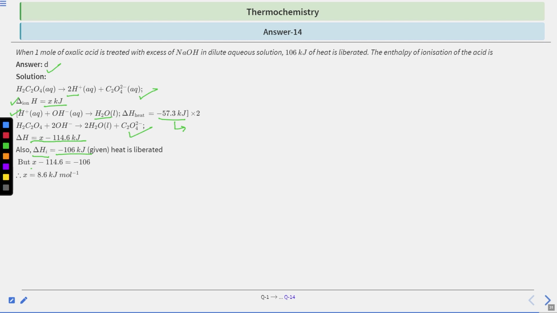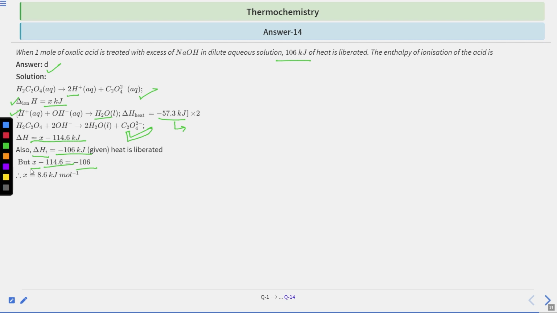But we know that X minus 114.6 equals minus 106, right? Because we are talking about oxalic acid treated with excess of NaOH, and the heat liberated is 106 kilojoule in this case. And in this reaction also, we are reacting the NaOH, that is base, with acid, forming H2O, and the enthalpy for this reaction is X minus 114.6 kilojoule.